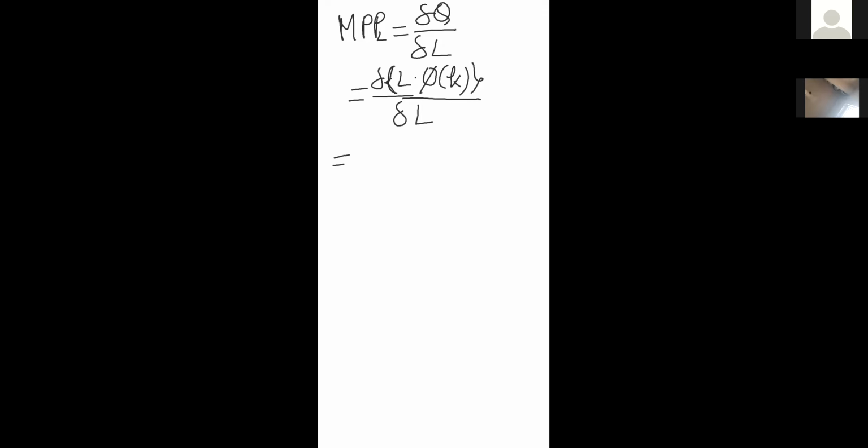Del, the differentiation of L into phi of small k with respect to L. Okay. So we can write here L, then del phi of small k divided by del L, then plus this k.